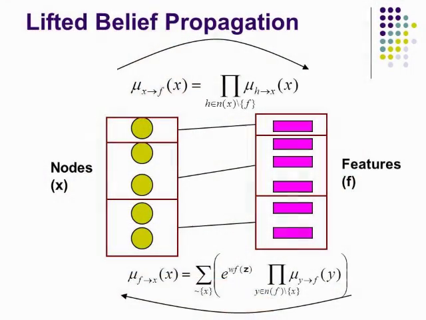Intuitively, because belief propagation is a local message passing algorithm, what really matters is what kind of nodes you are connected to on the other side, right? In this case, the nodes in a particular box on the left side as well as on the right side are connected to nodes of a similar kind in exactly the same way. So there are exactly the same number of edges, which means that you can replace this multitude of edges by a single edge between each cluster, right?